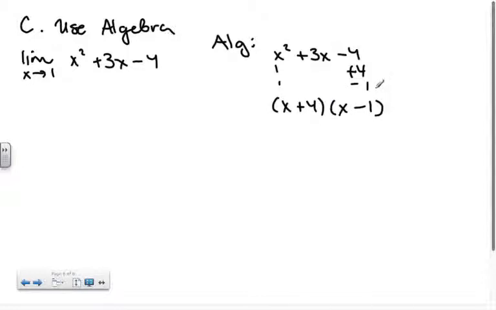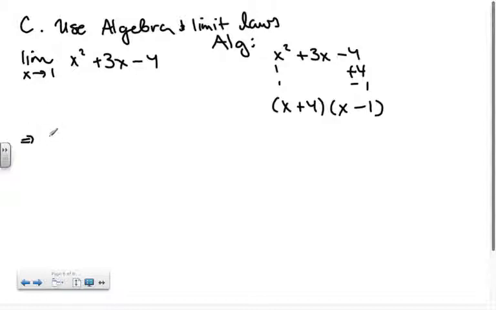This is, of course, the painful way to do it. Use algebra and the limit laws. You'll end up having to use this algebra a lot when you're calculating limits, because you're going to end up with rational functions, and those are pains to do.